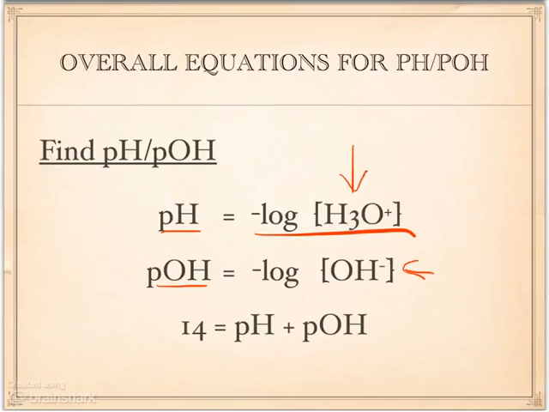And if, let's say, you're given pOH but you want to find pH, then you could use this equation, which is just 14 equals pH plus pOH, 14 being the highest you can possibly get on the pH scale.